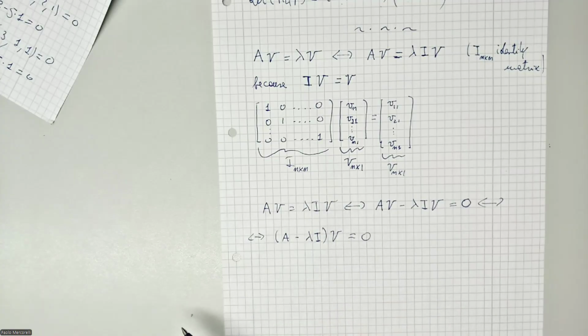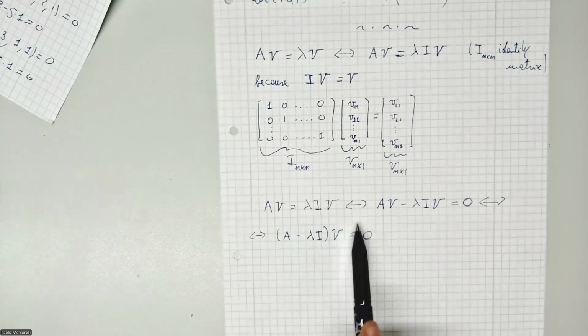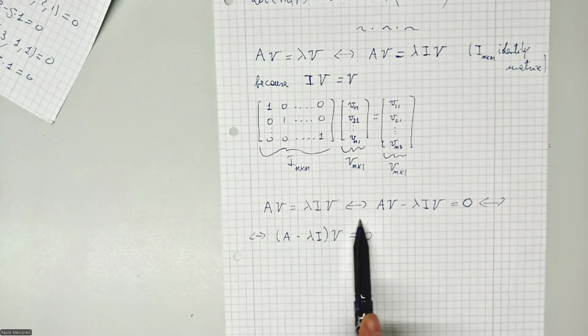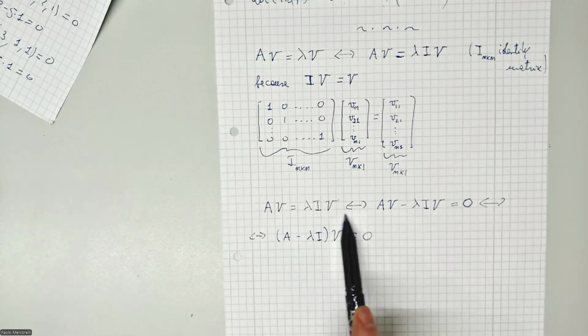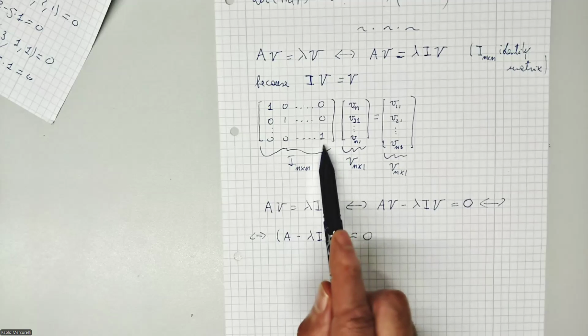Now, please pay attention. This expression here says something more. It nevertheless says the definition, because I just manipulated the definition. I obtained this expression just by manipulating the definition.